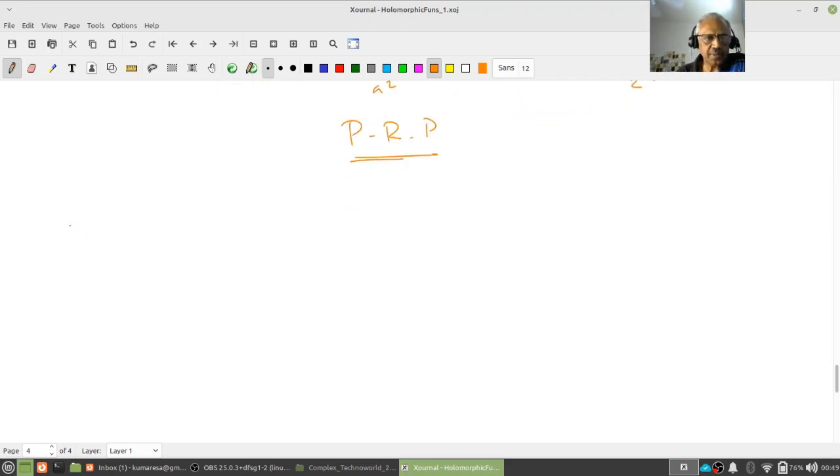Okay, from this it follows the so-called algebra of differentiable functions. So what does it say? The standard thing, let us say U is an open set.